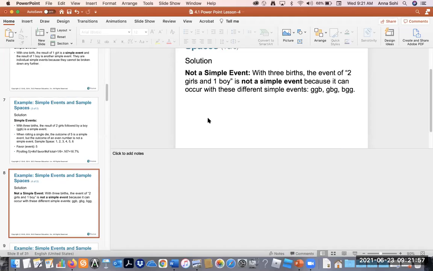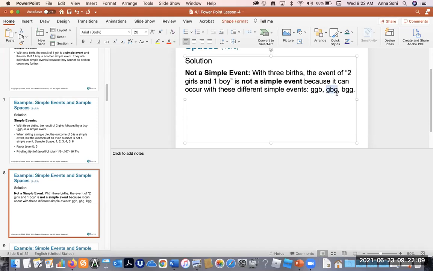Another, not simple, event is when there are 3 births and 2 girls and a boy, because you can break it down to 3 possibilities. So it's an event. So you could say, what is the probability of 2 girls and the boy?